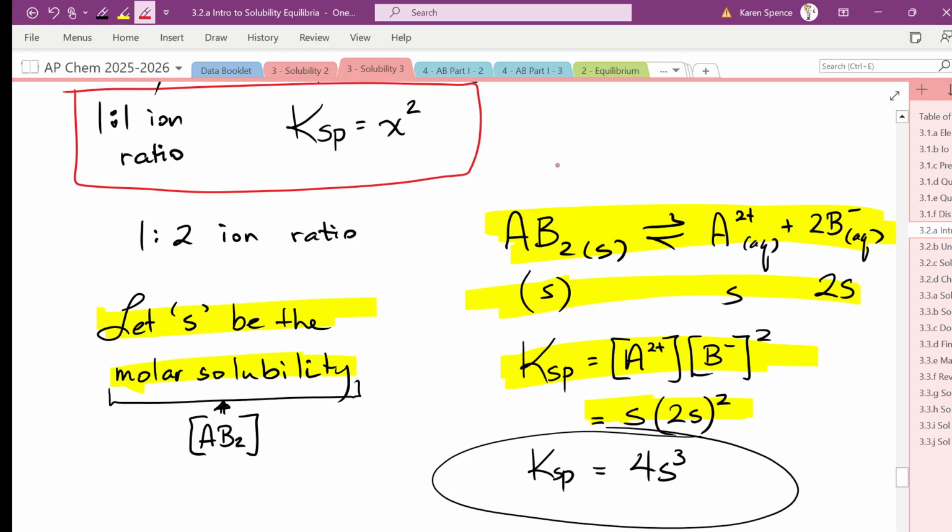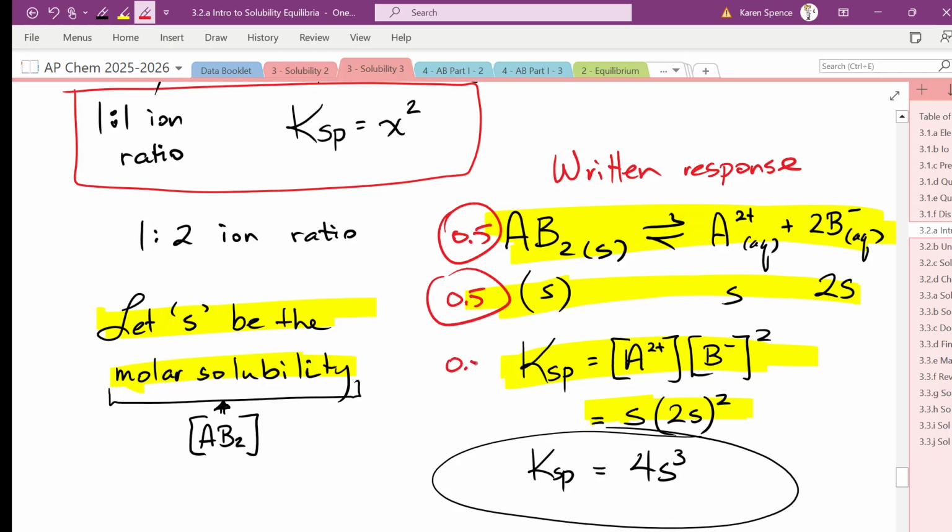Each of those things in written response is worth sometimes 0.25, just because otherwise you can have 6 points for a question that doesn't really deserve 6 points, but you need to show all of that to prove that you know where this came from.